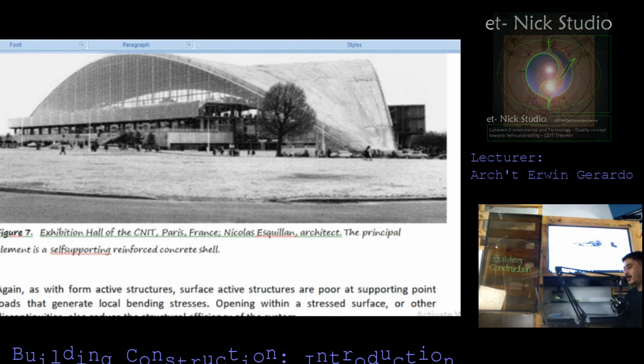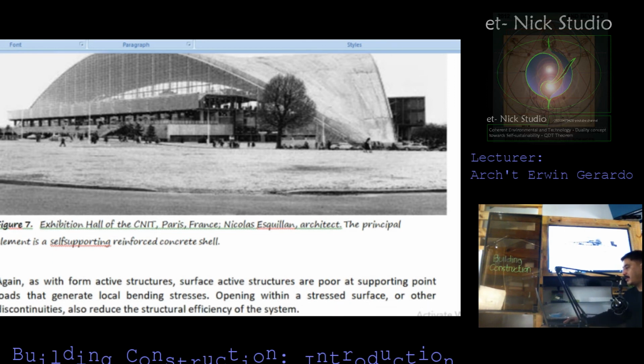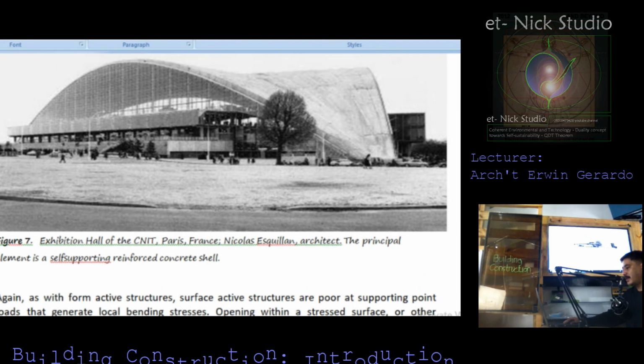Again, as with form active structures, surface active structures are poor at supporting point loads that generate local bending stresses.